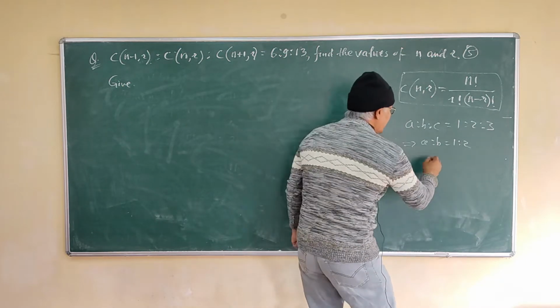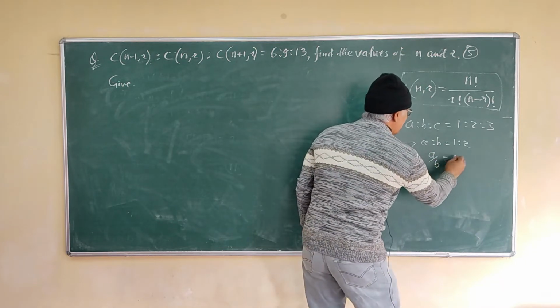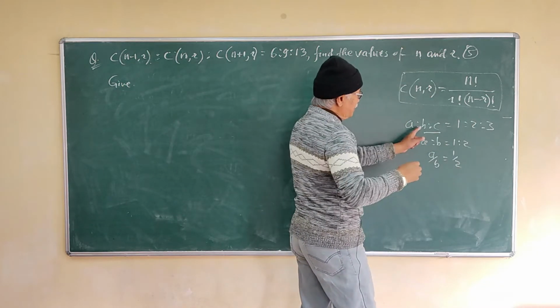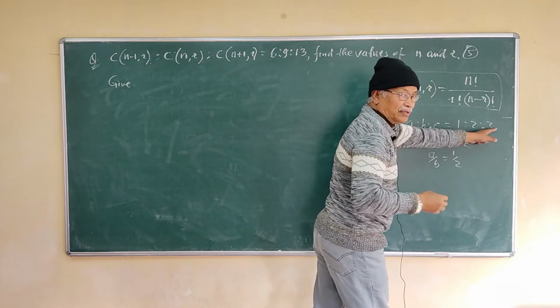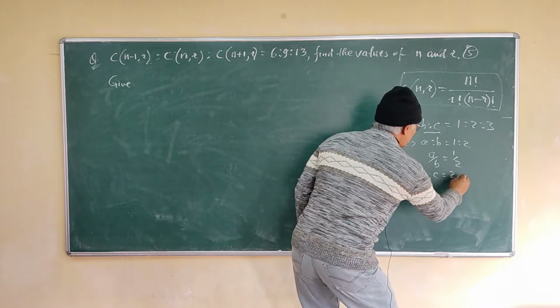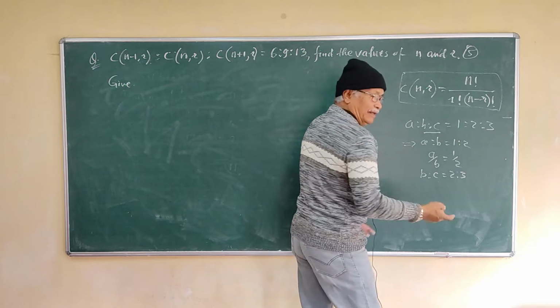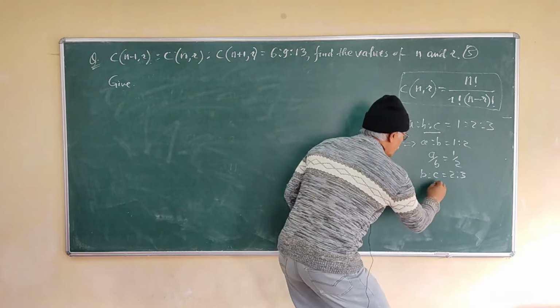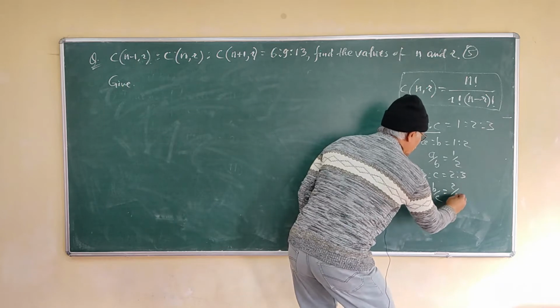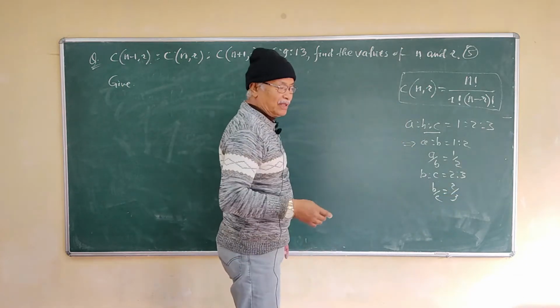Or accordingly you can write A by B is equal to 1 by 2, and since B : C will be 2 : 3, accordingly you could write it in fractional form. B by C will be equal to 2 by 3. Is that right? Okay.